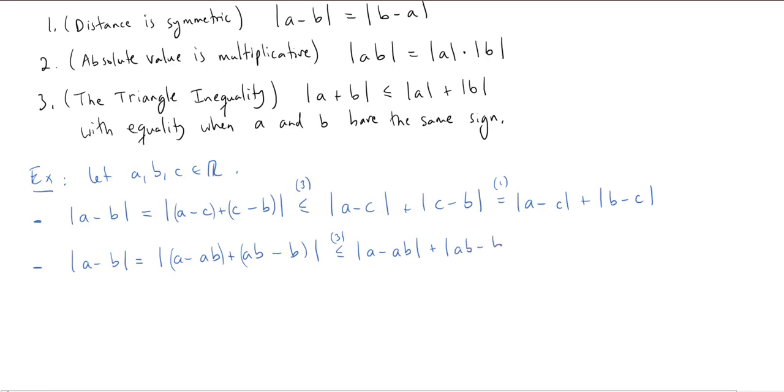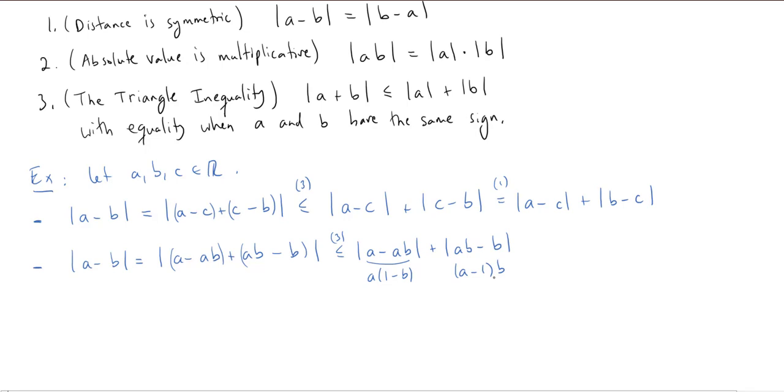of ab minus b. Now, I notice I have an a in both of these terms here. So this I could factor out an a times 1 minus b. And over here I have a b in both terms, so I could factor that out. And I'd get a minus 1 times b.